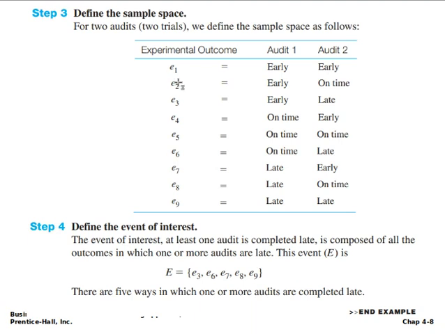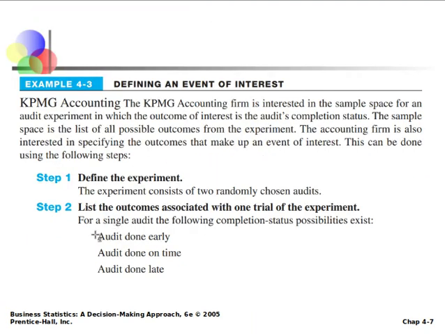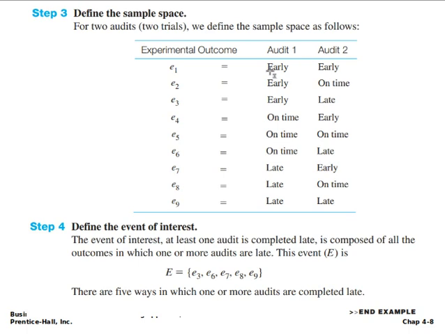Here we see there are event 1 to event 9, and these are all the possible combinations of two audits, audit 1 and audit 2, based on these three possible outcomes of a single audit.